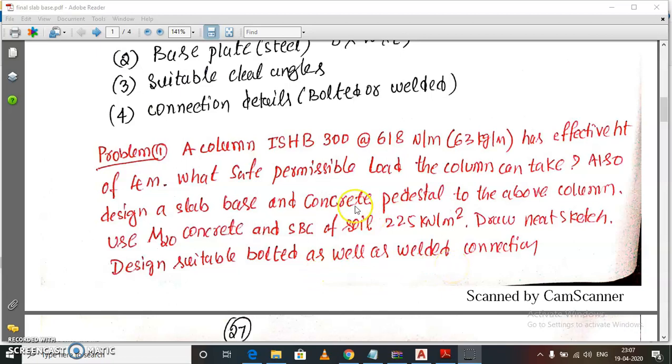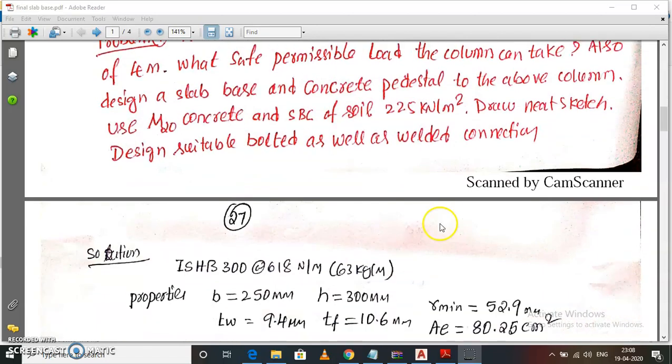Here the first question is, they have given a column section of ISHB 300 and its effective length. The first question is, what safe permissible load can the column take? First we have to find the load carrying ability of the column. Then we have to design the slab base and concrete pedestal for the M20 concrete and SBC of 225 kN per square meter.